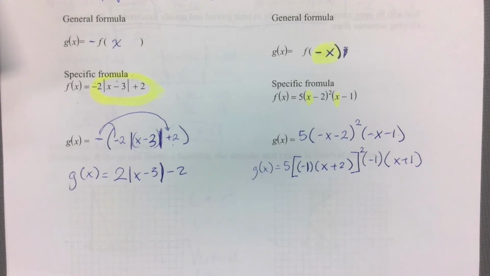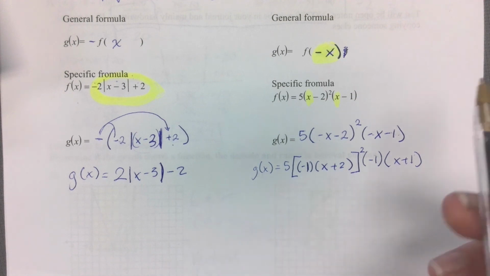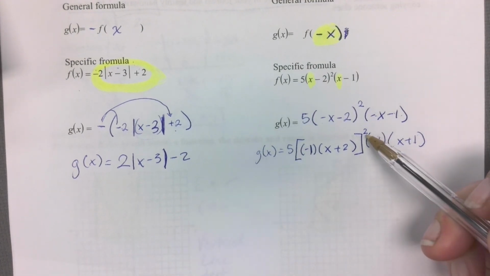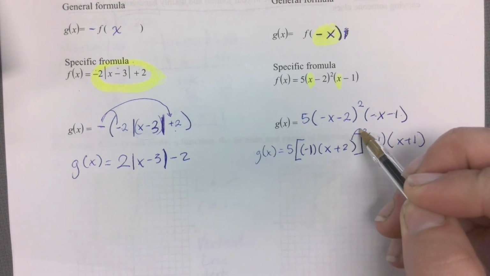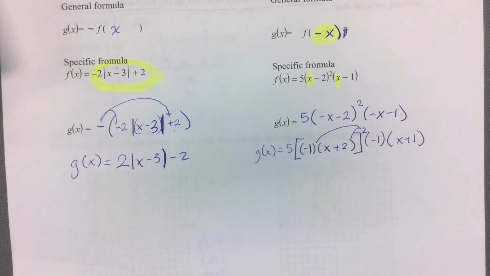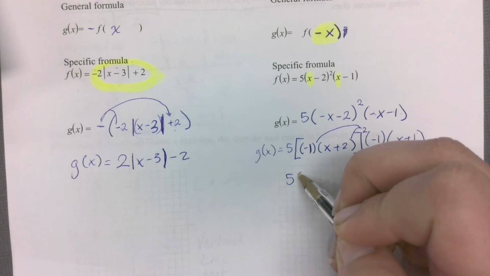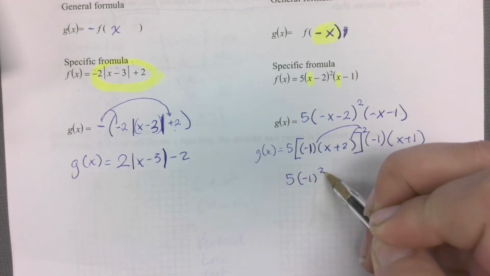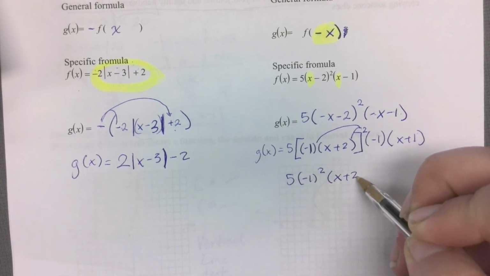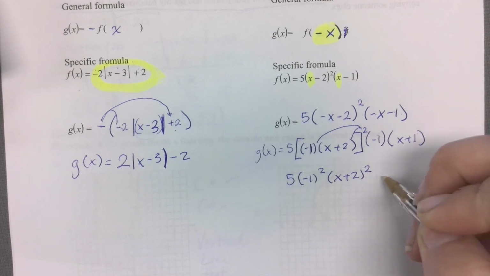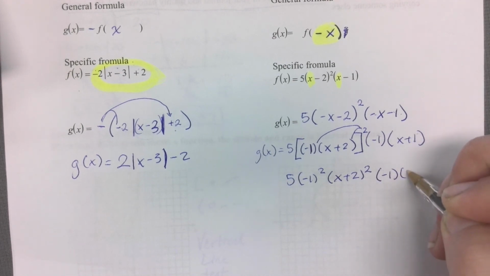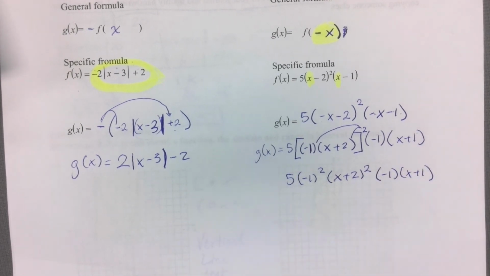Okay, I'm going to go to the next step. Do you see the squared right there? It's going to go to both sets of parentheses. So it's like 5, -1 squared, x plus 2 squared, -1, x plus 1.